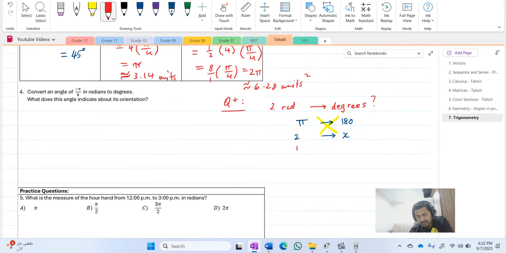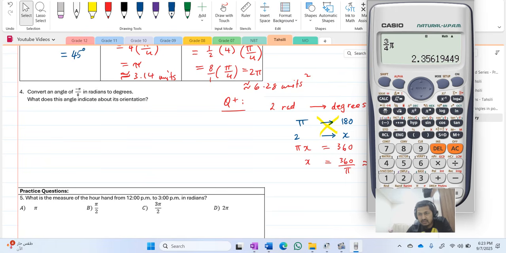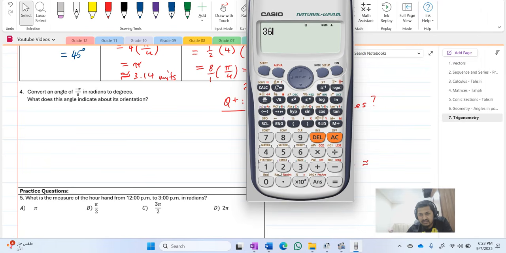So x is equal to 360 over pi. 360 divided by pi is approximately equal to how many degrees? You're going to take 360 over pi, and we're getting 114.59, let's make it 114.6 degrees.